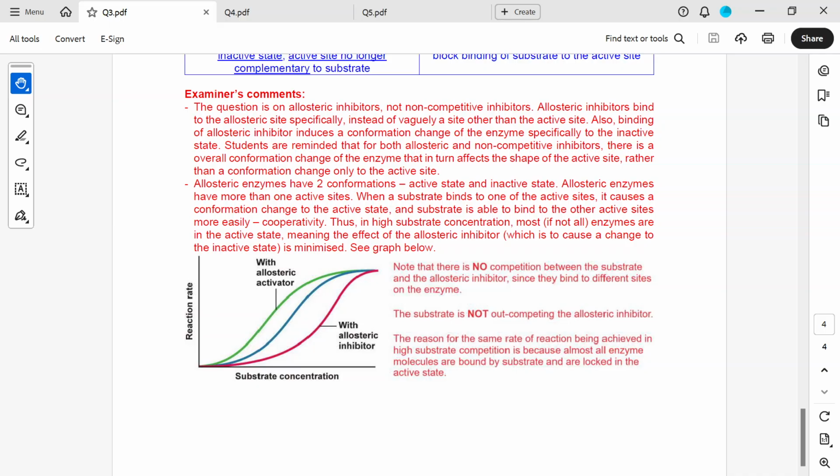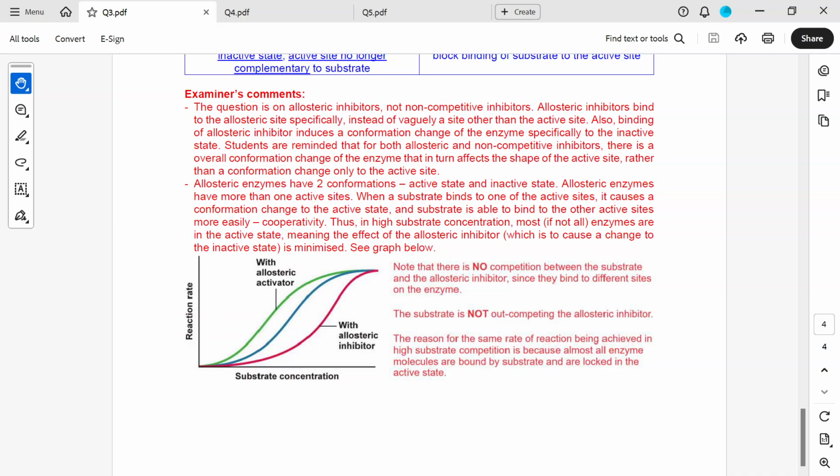The allosteric enzyme has this phenomenon known as cooperativity, in which when substrate binds to one active site, it changes the conformation of the enzyme to the active state, and the other active sites also become higher affinity, easier for the substrates to bind.